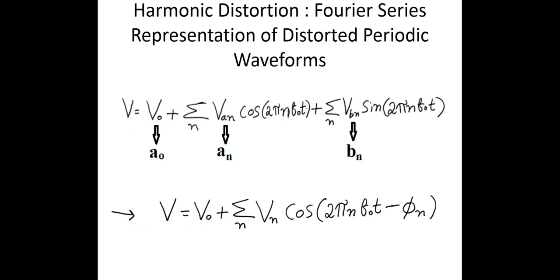So here is some mathematics. If you have a periodic voltage V, it can be written as V naught plus the cosine terms VAn cos 2 pi n f naught t and the sine terms VBn sin 2 pi n f naught t.